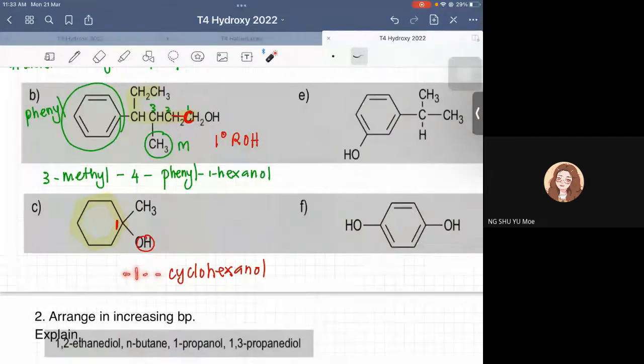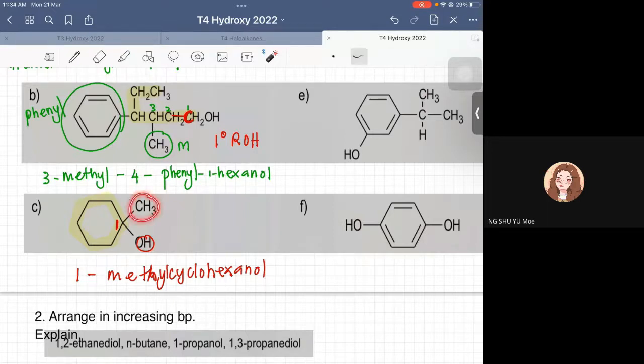Okay, no need to assign the location of the OH at carbon number 1 because in the ring, the carbon that is bonded to hydroxyl group will be carbon number 1. Okay, tetapi methyl kita kena numberkan dia. So it will be 1 methyl cyclohexanol.